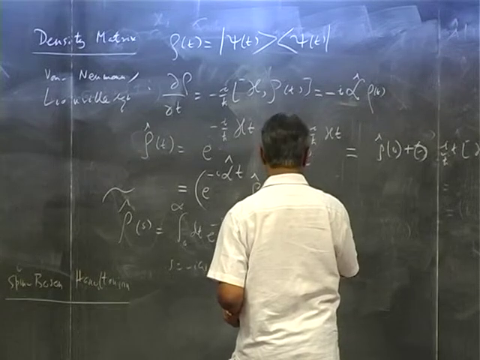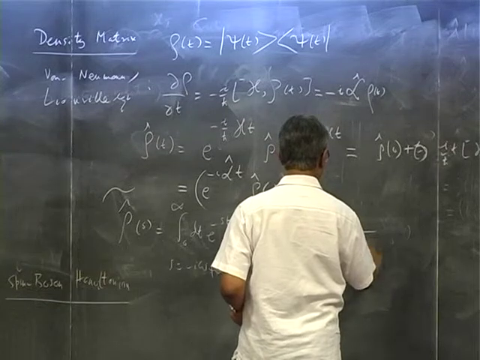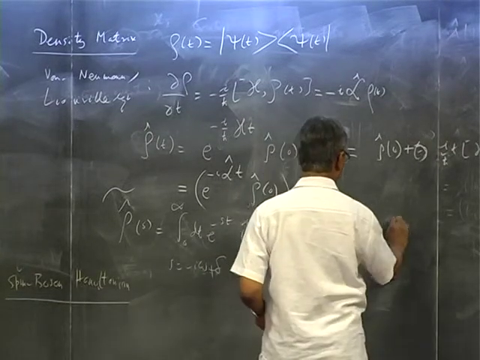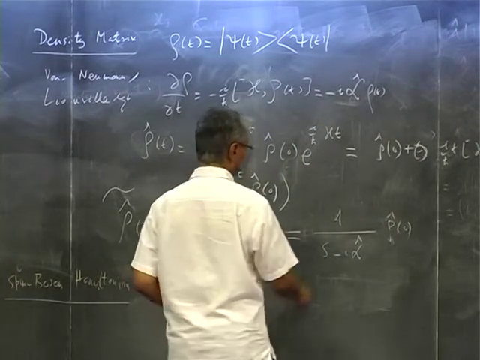So formally, the Laplace transform I can calculate. It is simply equal to 1 over s minus iL times rho of naught. So it's what is called a resolvent or a Green function.